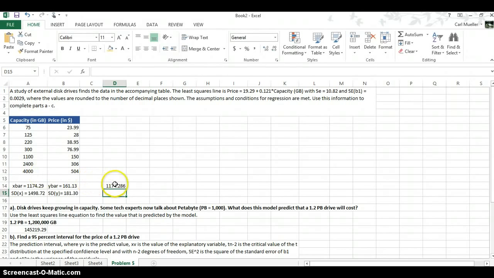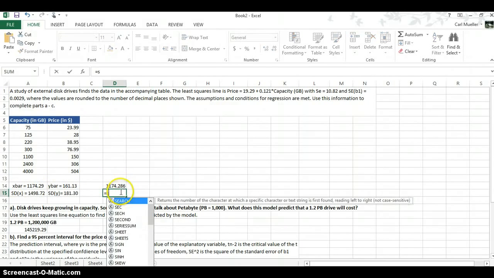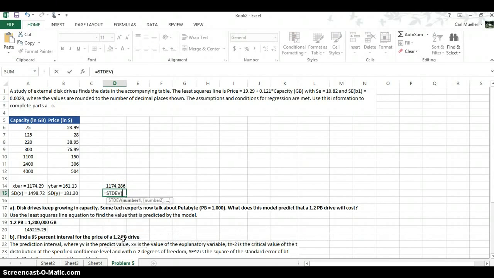For example, it matches this exactly with some rounding. The same thing for standard deviation, just to review for everyone. I'm just going to use the older version right here. Same principle, so we should get 1498.72, give or take, and as you can see right there. So that's just a review of how the question arrived at these values.